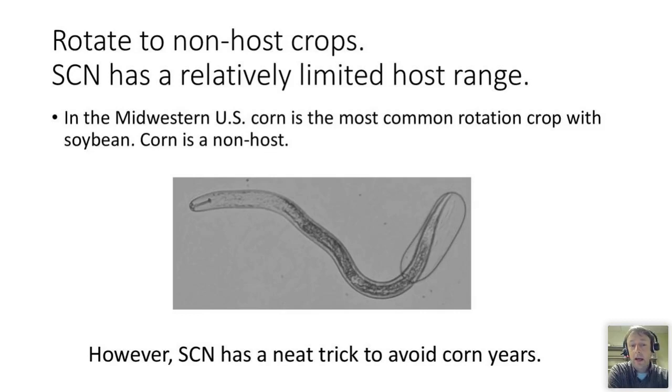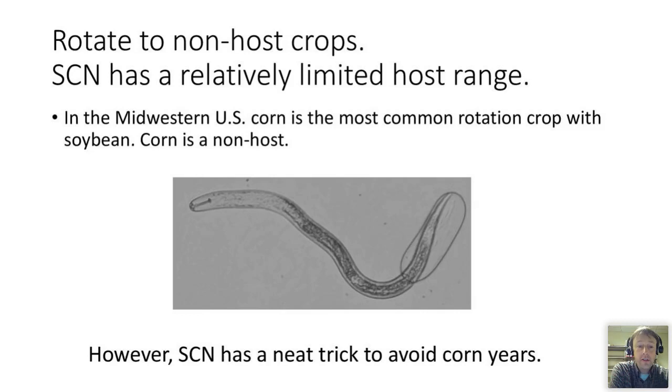Now in the Midwest, corn is really the primary rotation crop. In Illinois, we really have only corn and soybean grown here. There's a little bit of wheat, a little bit of alfalfa, but most of the plant agriculture in Illinois is corn and soybean.